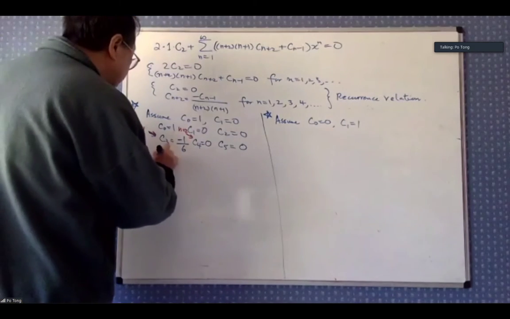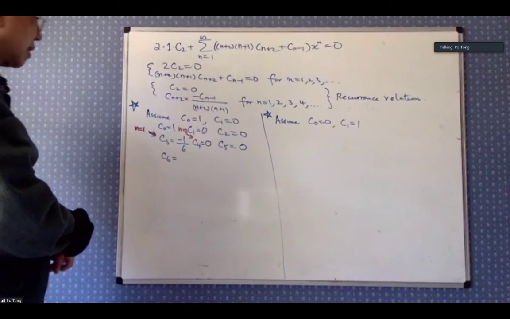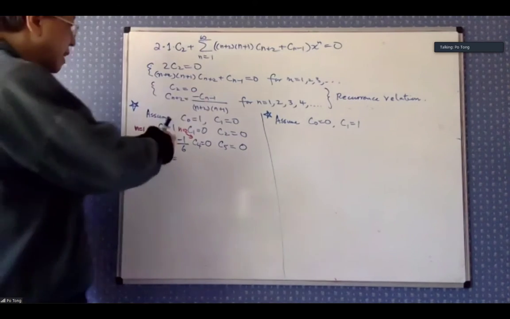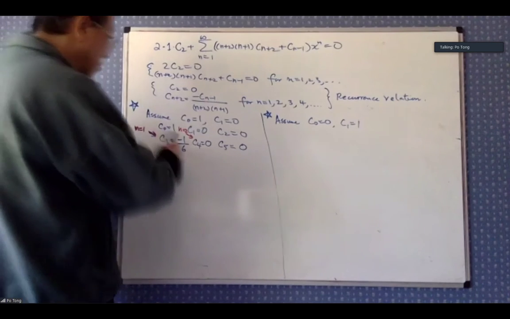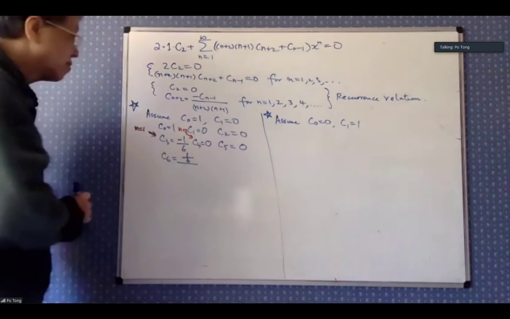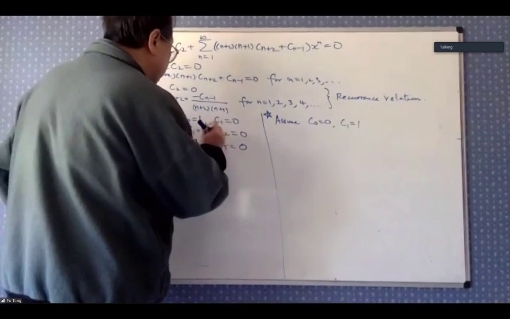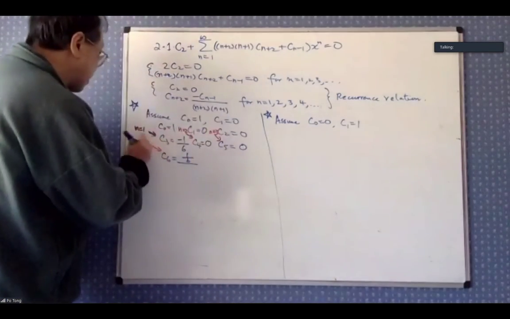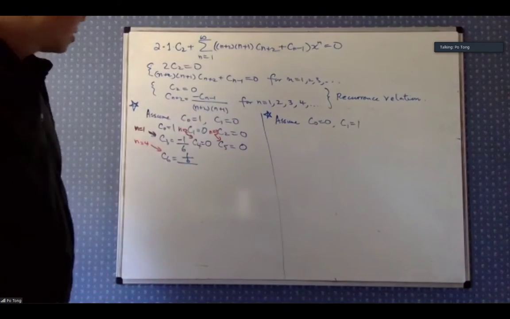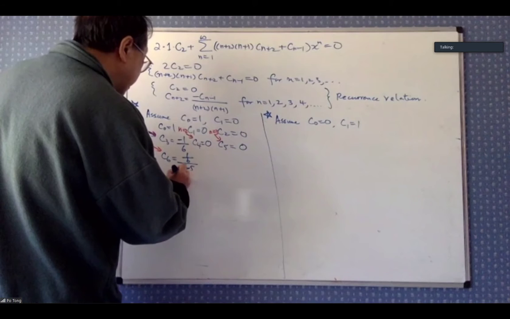How about C6? How do I do C6? C6 is related to C3. It's negative of this, which is 1/6, divided by what? Divided by 3 and 4, and 1/6 divided by 6 and 5.